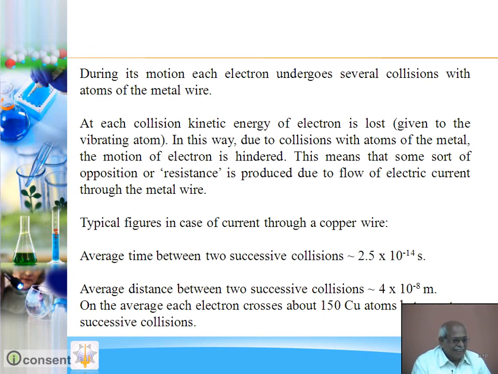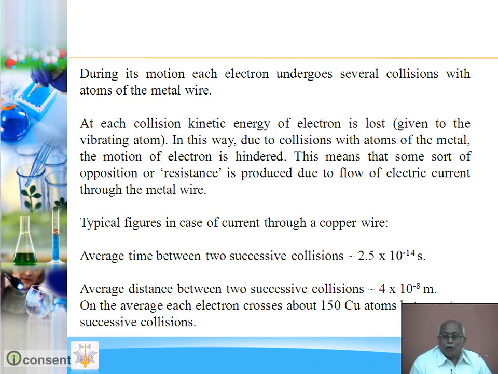These things are related. In fact, resistance arises because of random motion of free electrons. So let us once again come to electric current in a conductor. When a potential difference is present between two ends of a conductor, it does not happen that electrons travel from one end to the other end along a straight line path.